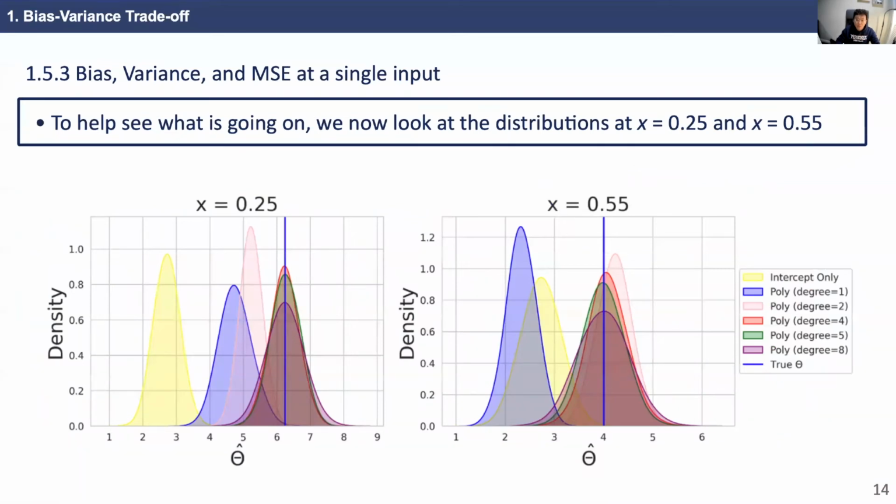Furthermore, to help see what is going on, we now look at the distribution at X equal 0.05 and X equal 0.55.